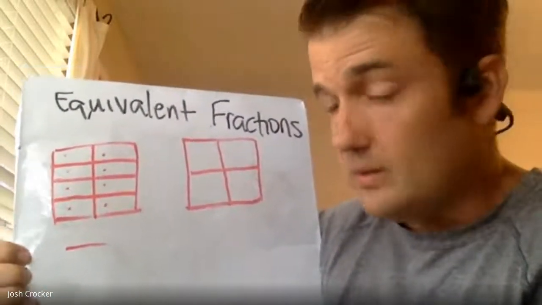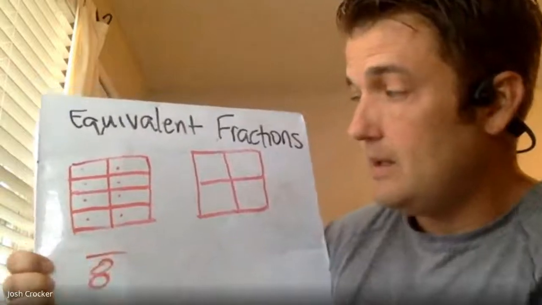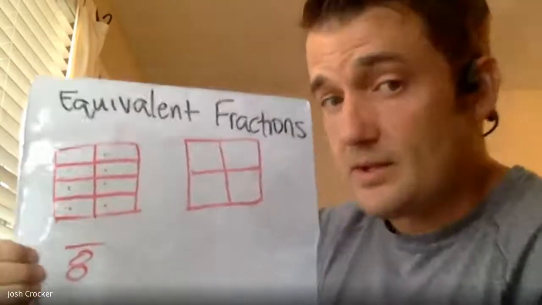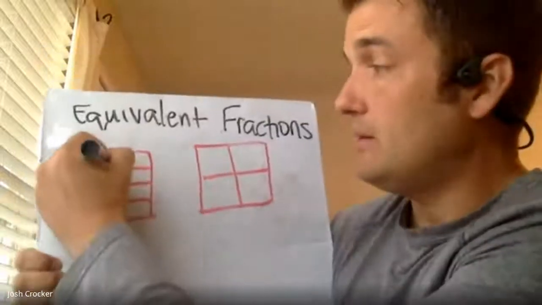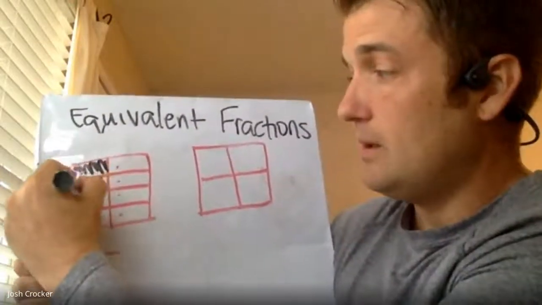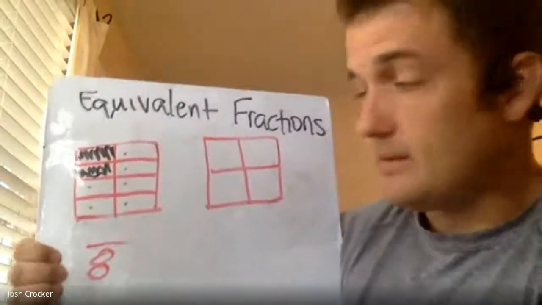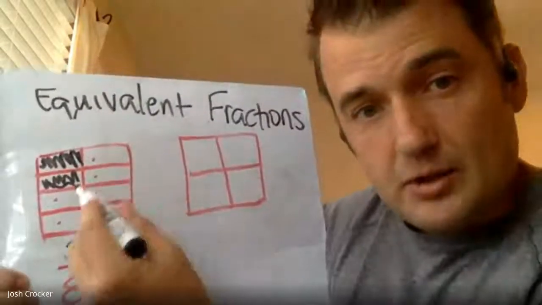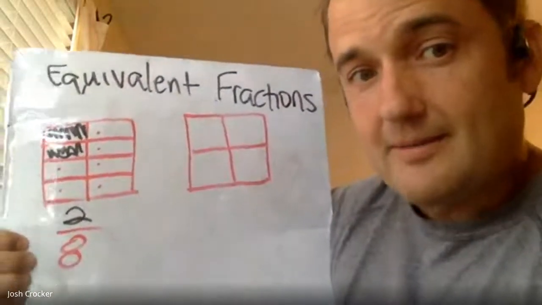That is the total. Okay. So now let's say that 2 of those pieces are colored. Okay. Shaded. 2 pieces, right? If you share a pizza with me, that's how much you're getting, 2/8. You better be quick, okay?